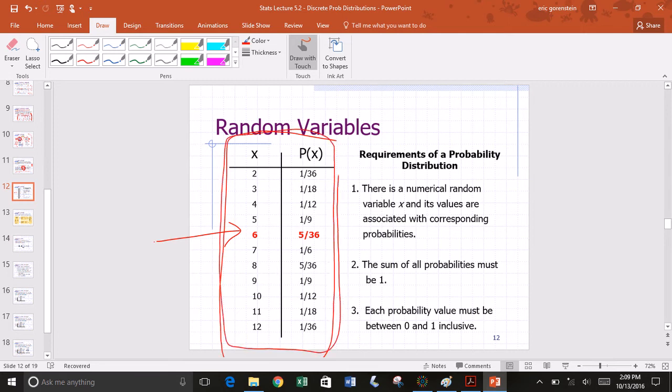So a probability distribution lists all possible outcomes of your experiment and the corresponding probabilities of each outcome. So if you're rolling 2 dice, you could roll anything between 2 and 12. So the probability distribution lists all possible outcomes, 2 through 12, and the corresponding probabilities.